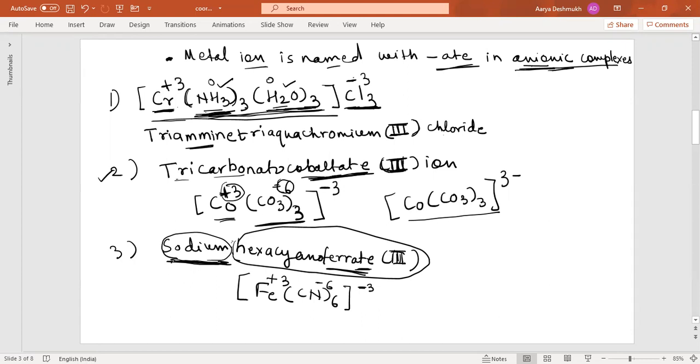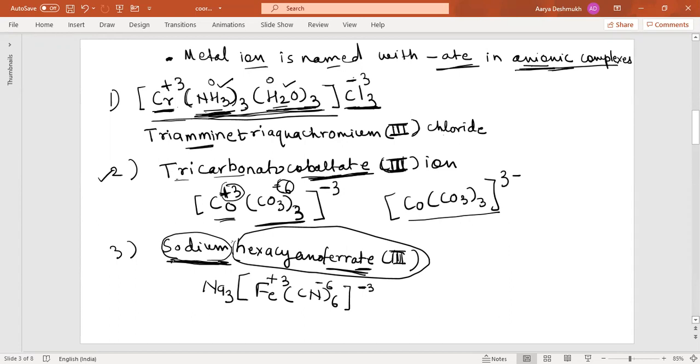So to balance the negative charge in this complex, there should be +3. Each sodium ion carries +1 charge. So there must be 3 sodium ions attached to balance the primary valence of this coordination. So this is the way you go one by one.